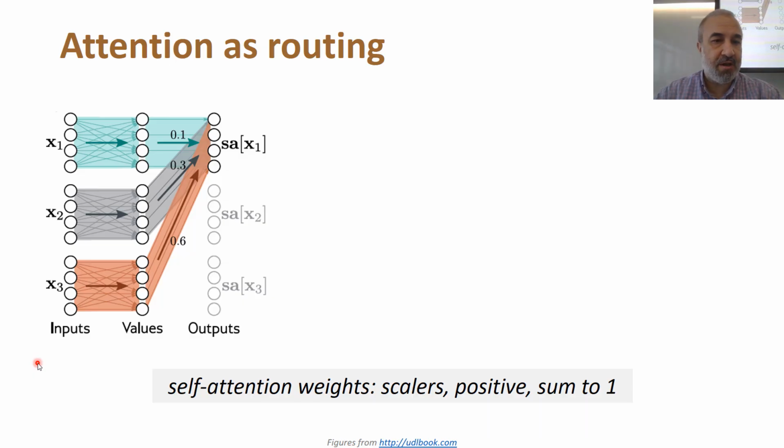I think we saw that last time. This is representing the weighted sum from the values to the outputs. So we first compute the values from the input vectors, and these are the weights that convert from inputs to values.